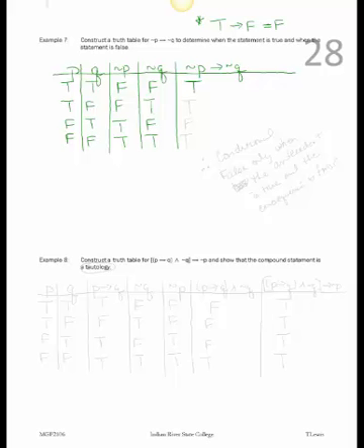If F then T is going to be true. Those are the 4 cases for the conditional. How about the third one? False. And then the last one, true.